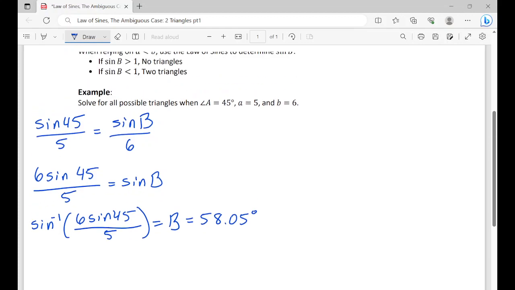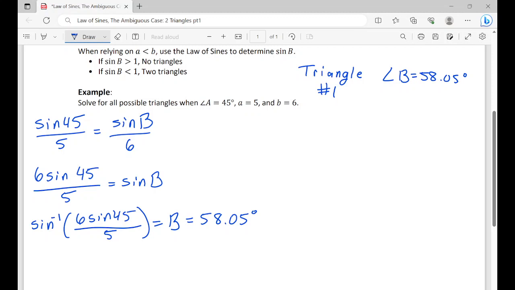So for my first triangle, triangle number 1, I know I have an angle B of 58.05 degrees.